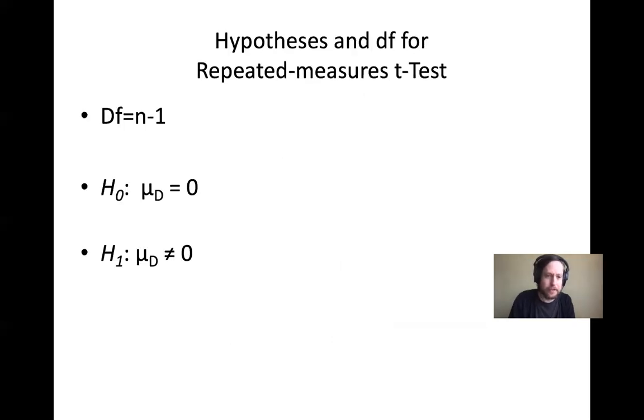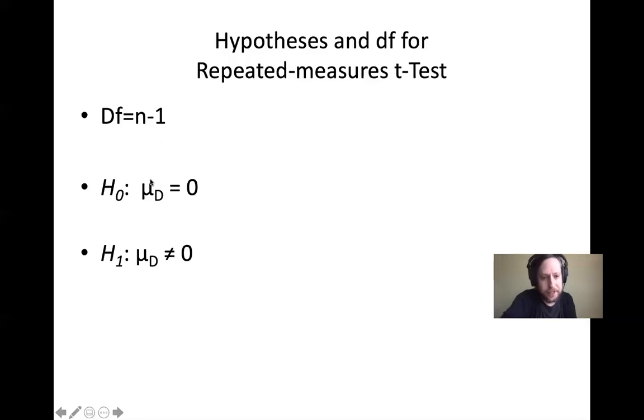So here is what I was just referring to, the degrees of freedom and the null hypothesis for any repeated measures t-test. The degrees of freedom will always just be the sample size minus 1. And then the null hypothesis for a repeated measures t-test will always be the same. We will never do a repeated measures t-test where the null hypothesis is anything other than this.